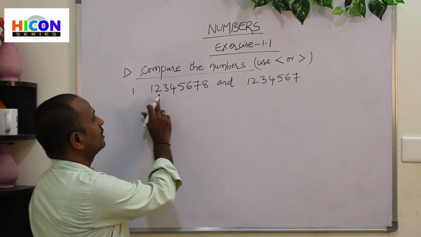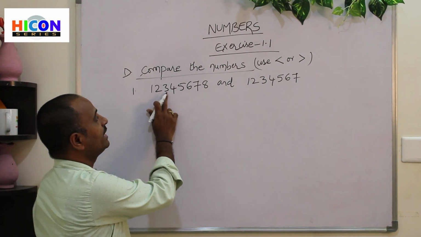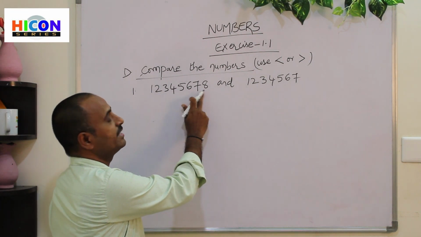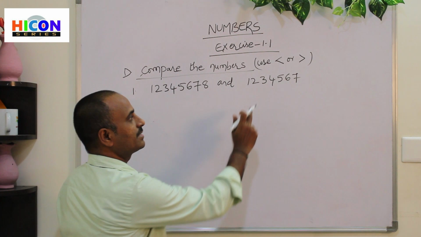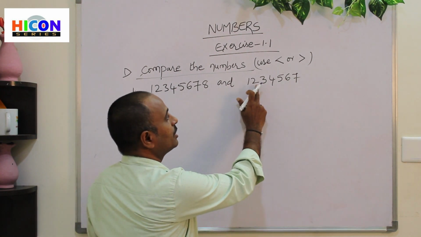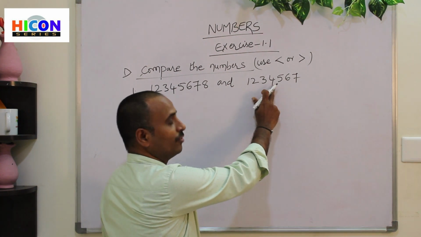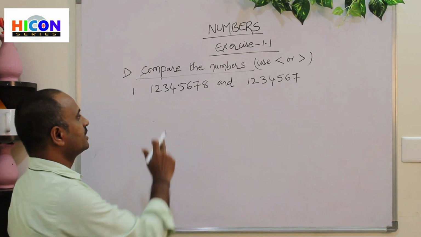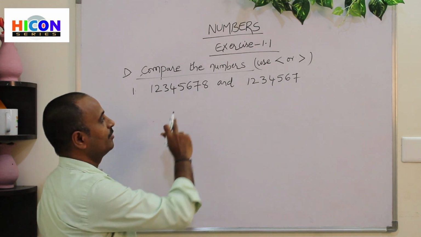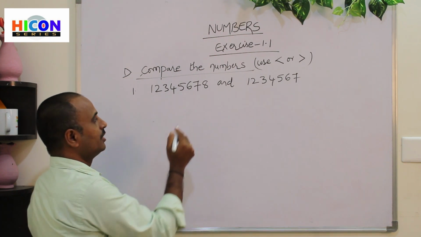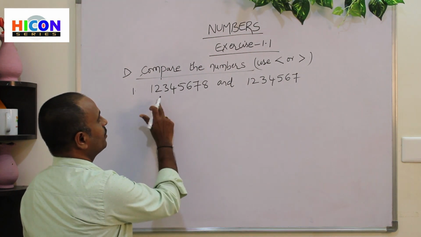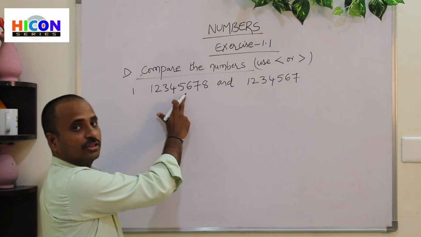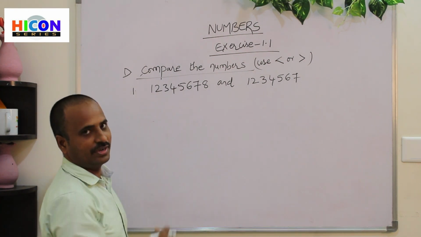The first number is 1 crore 23 lakhs 45,678. And the second number is 12 lakhs 34,567. So these are the first two numbers. We have to compare these two numbers. So the first number is 1 crore 23 lakhs 45,678.